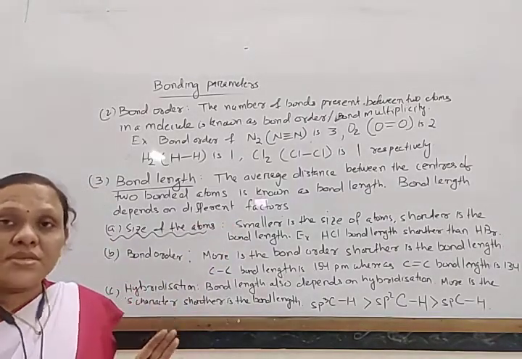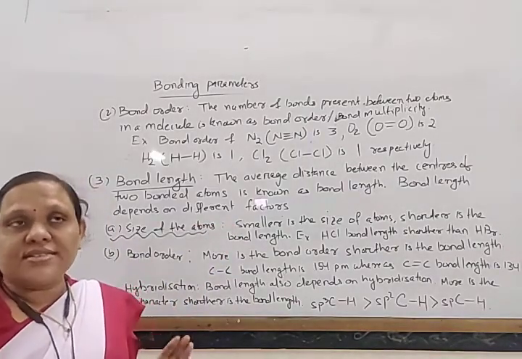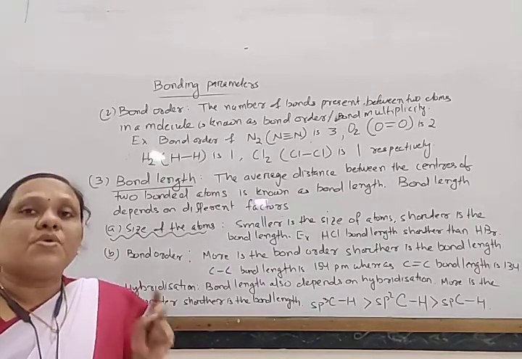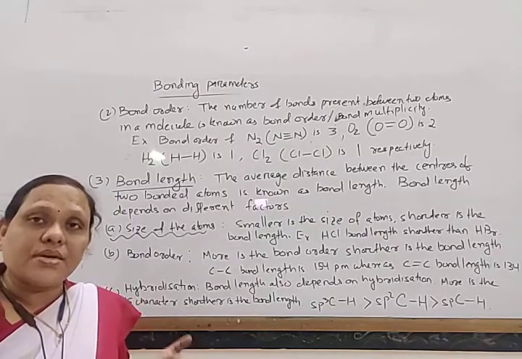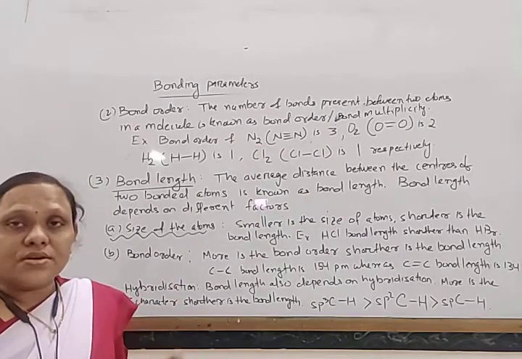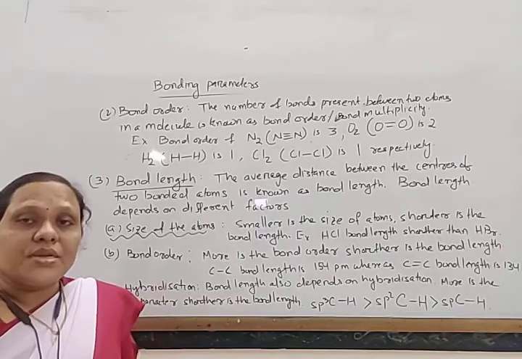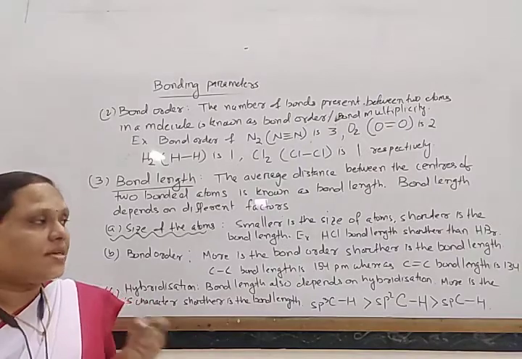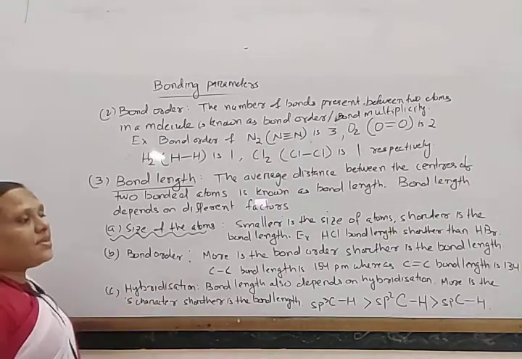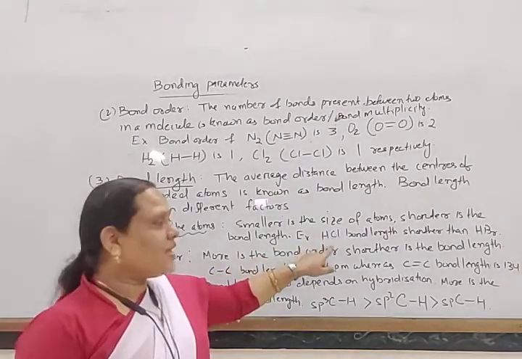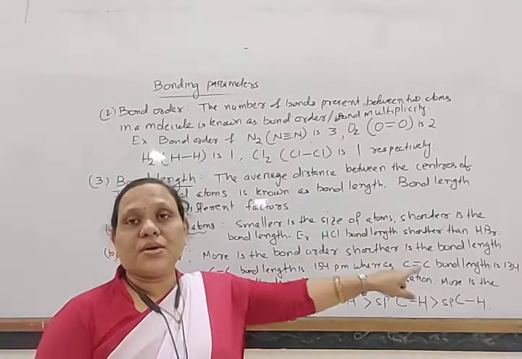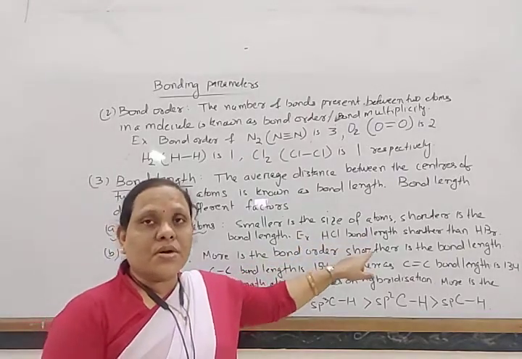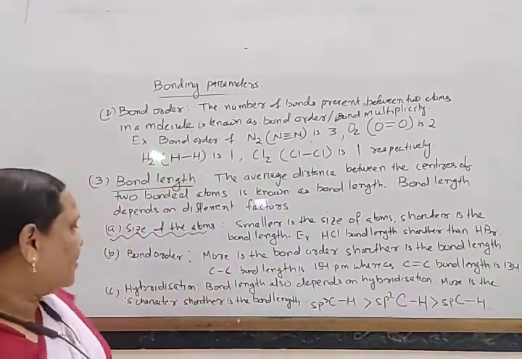For example, the H-H bond length in H2 is shorter than that of Cl2, and the Cl-Cl bond length is shorter than that of Br-Br, because bromine has larger size than chlorine. Similarly, if you consider HCl and HBr, hydrogen is the same, chlorine has smaller size than bromine, so HCl has shorter bond length than HBr.